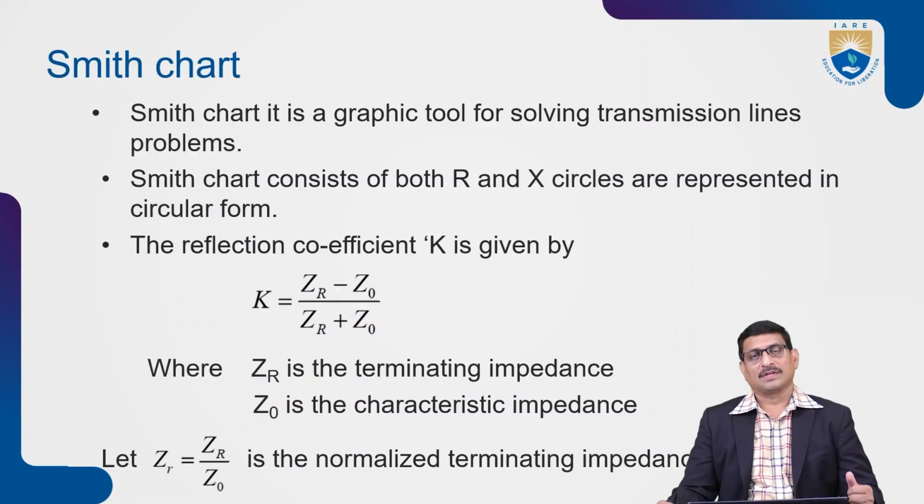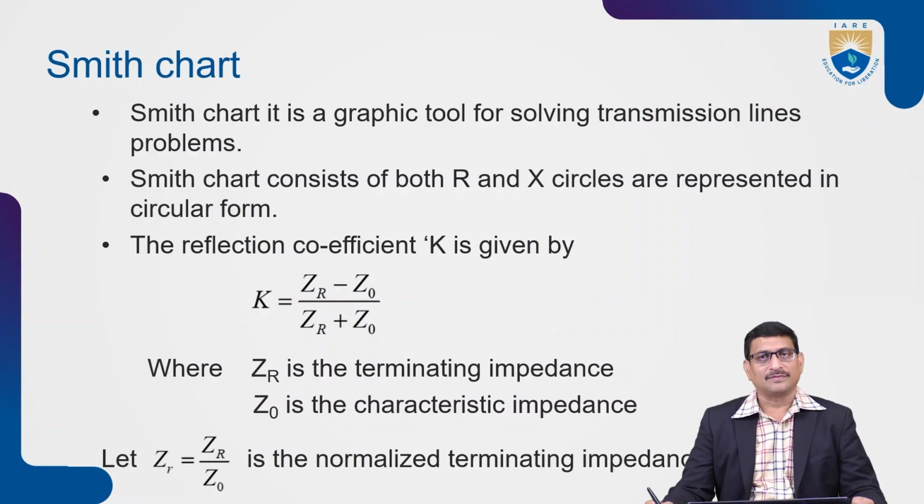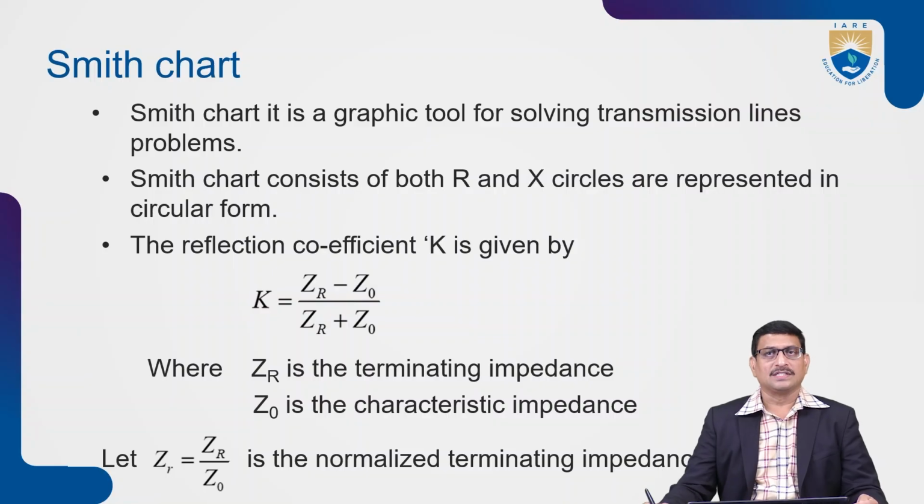It is a vector quantity which has both magnitude and direction, and it can be represented in terms of the receiving end impedance and the characteristic impedance by the equation K is equal to ZR minus Z0 divided by ZR plus Z0, where ZR is the terminating impedance and Z0 is the characteristic impedance.